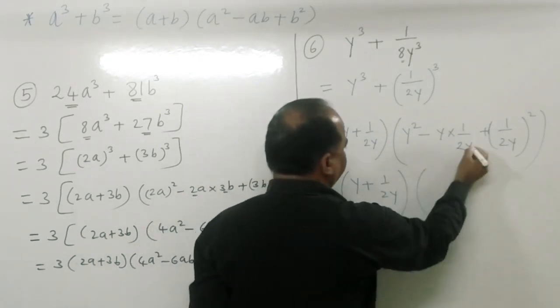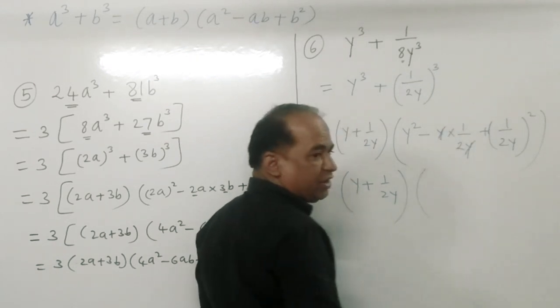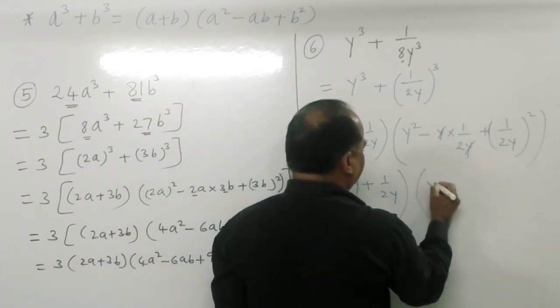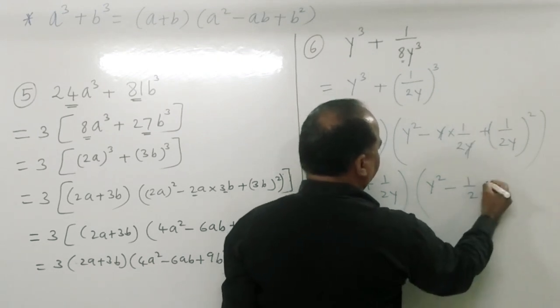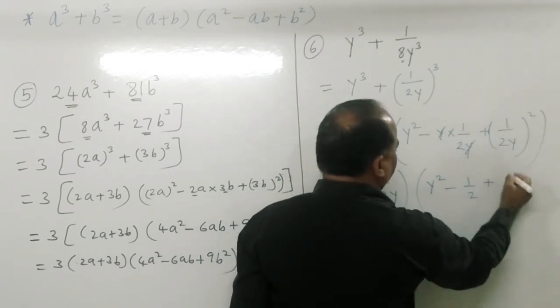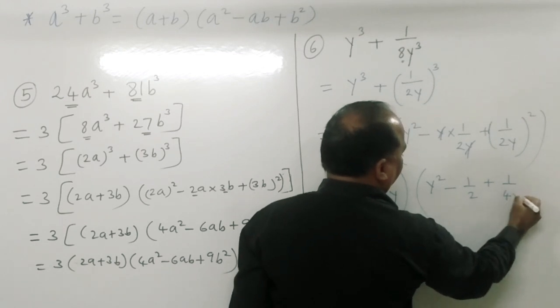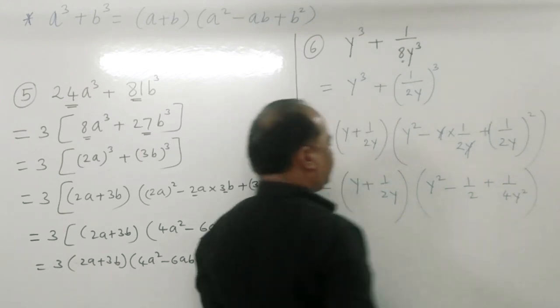In the second bracket, simplify this: y and y from numerator and denominator get cancelled. First term y square minus 1 upon 2, plus 1 upon 2y square is 4y square.